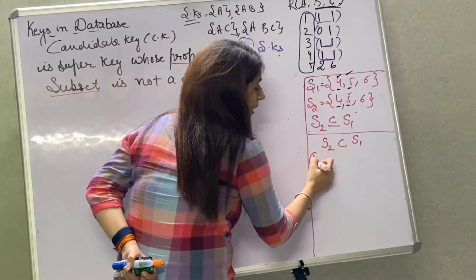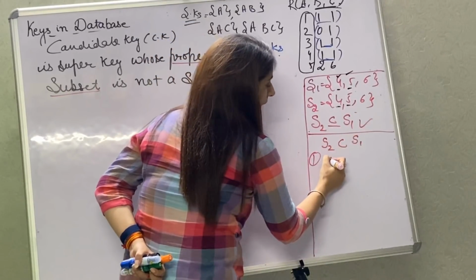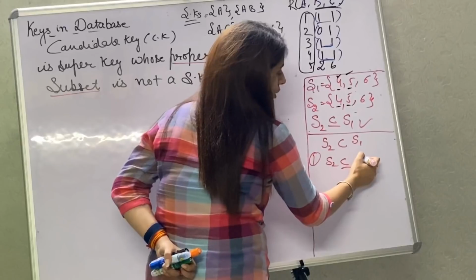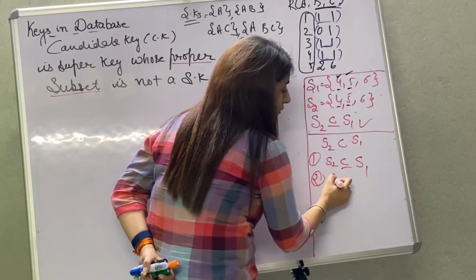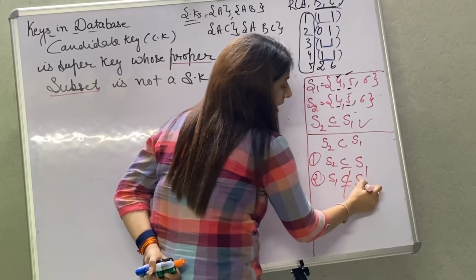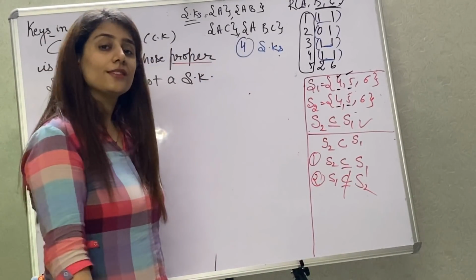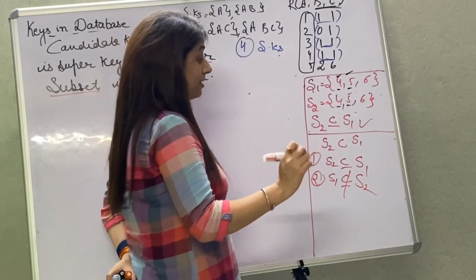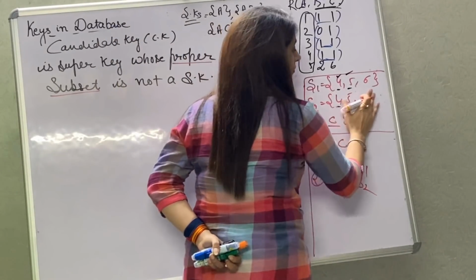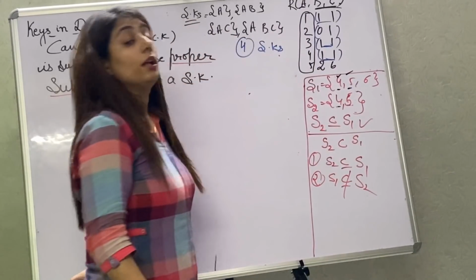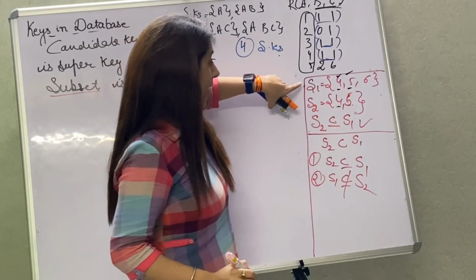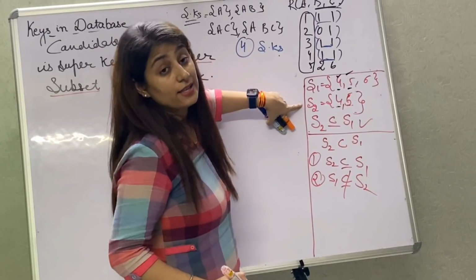So let's understand what those conditions are. First, S2 should be a subset of S1. Next, S1 should not be a subset of S2. Now, what does this mean? This means that S1 should not be a subset of S2.